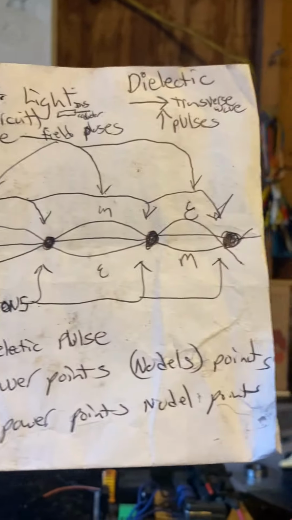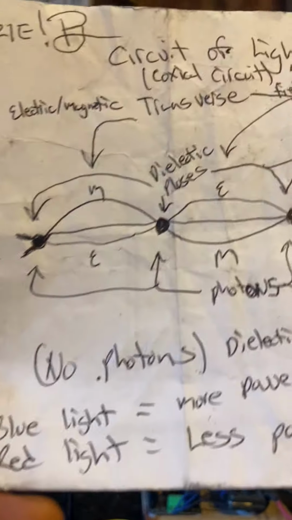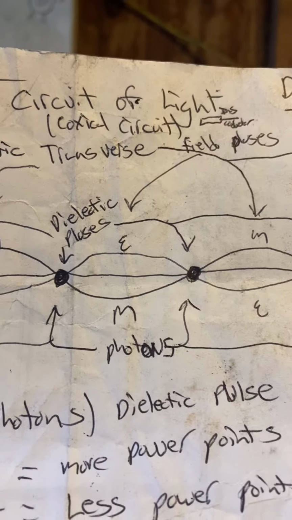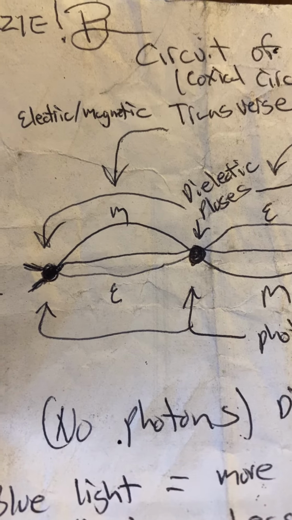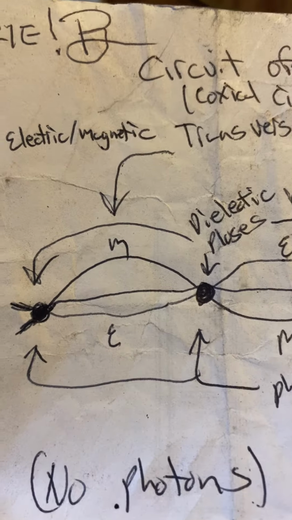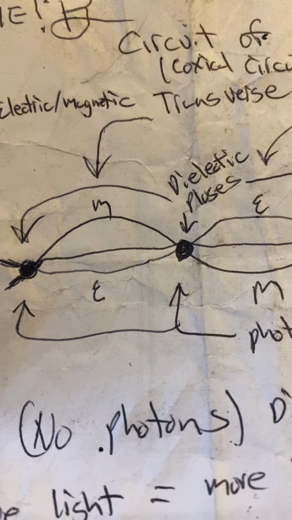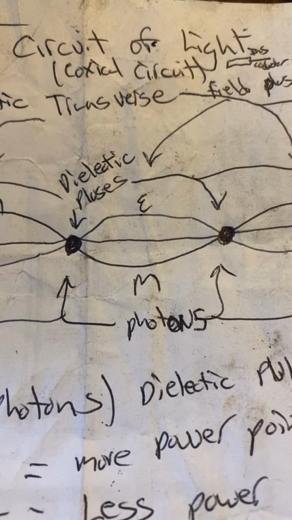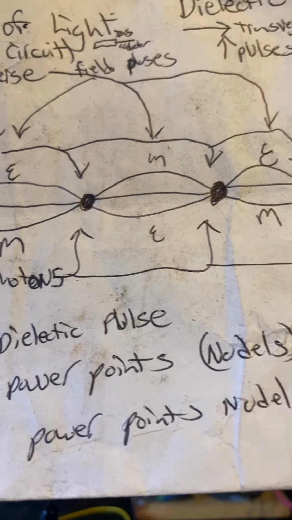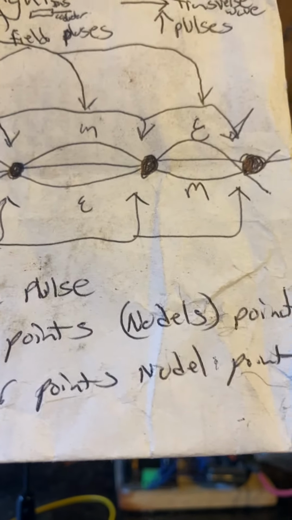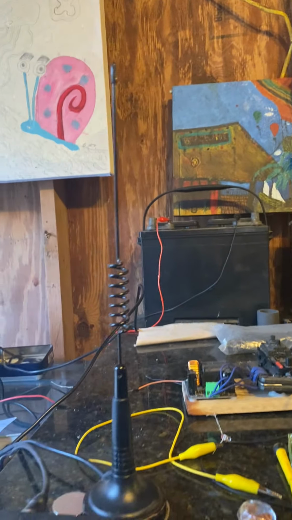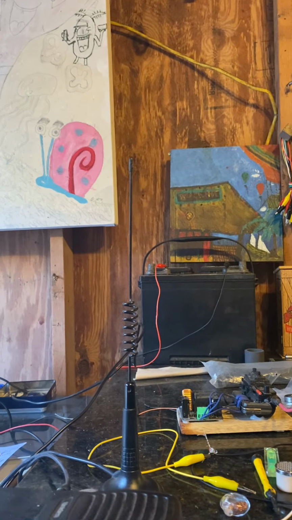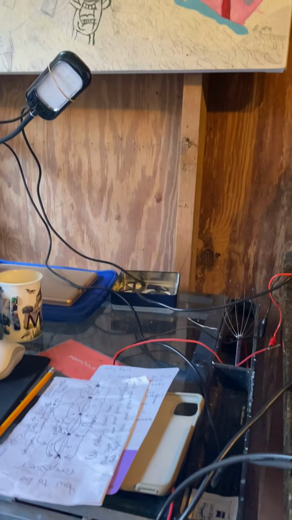But it's the same premise, the mechanics are the same. You just don't have all the goop that's inside this circuit of light. You are functioning the same. You are having magnetic flipping with electricity. They're always off 90 degrees from each other. They are in a rotating right-hand fashion. That's how it works.